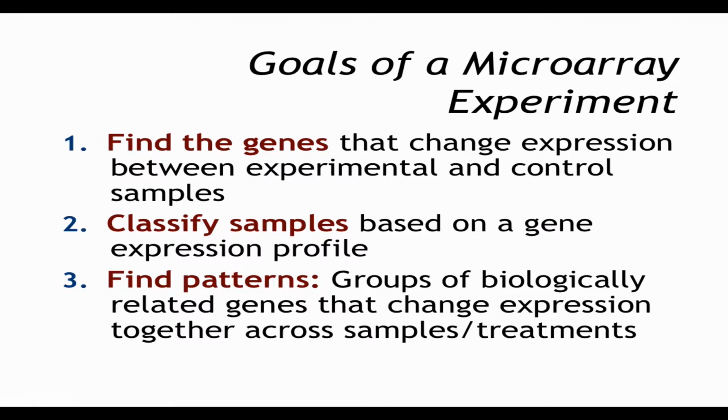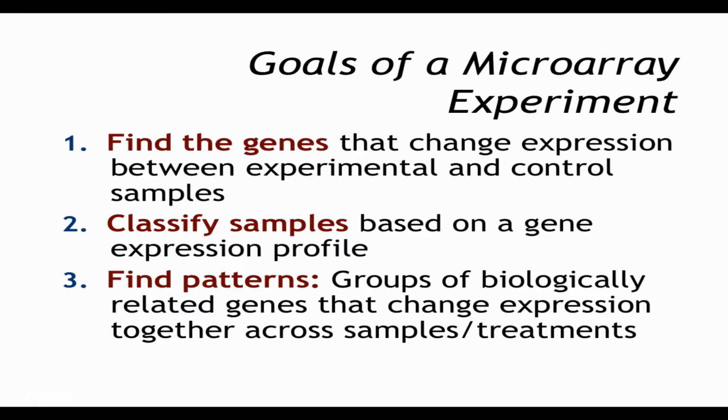Or if you have some sort of interesting experimental design, say a time course over development, you could see a group of genes go up and down together, or at least synchronously, if not at the exact same time. You know, they follow each other across a time course. So that's another form of pattern identification that we might be interested in.